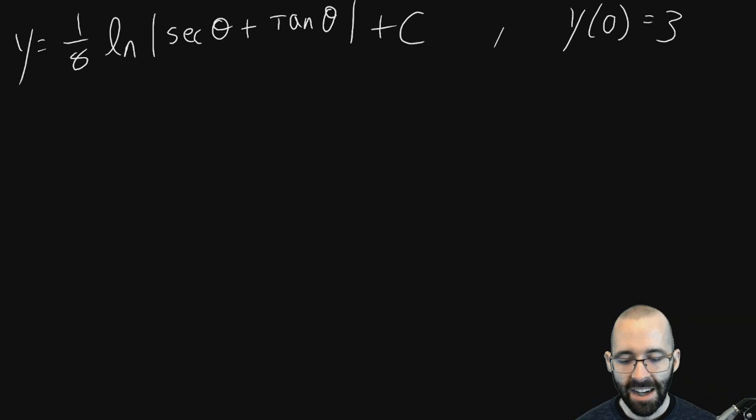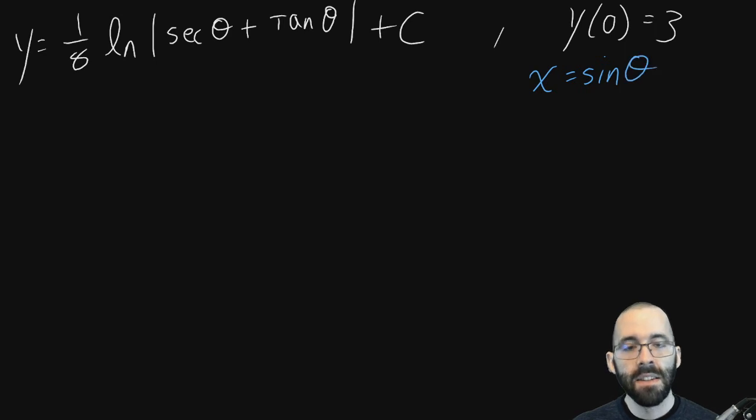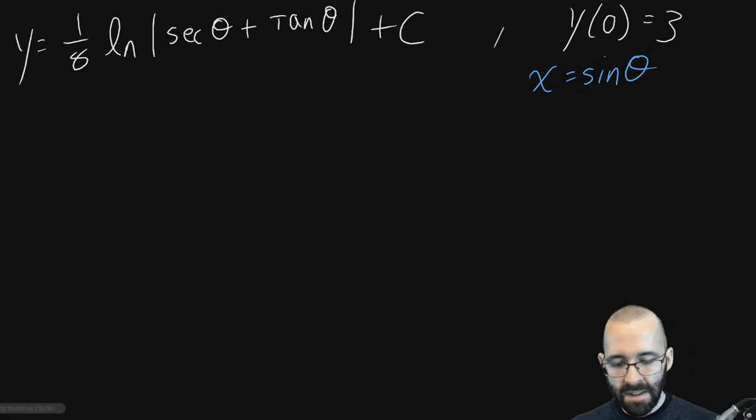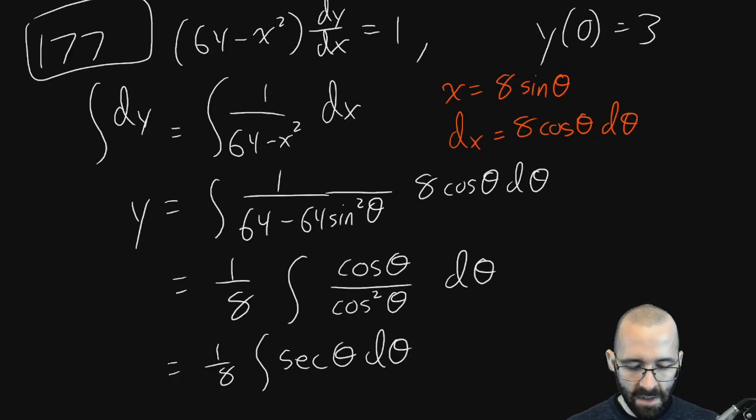And now we just need what x is, or what secant and tangent are. Remember that x is sine of theta, and specifically here, do we know the domain of x? X is going to be anything except for 8.